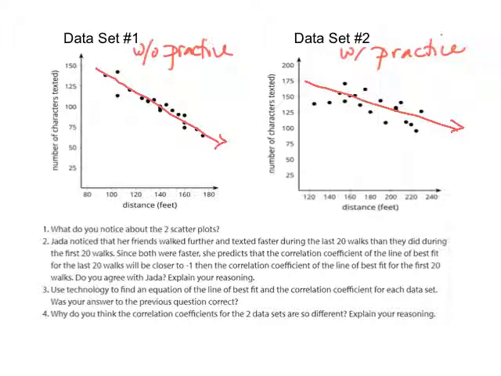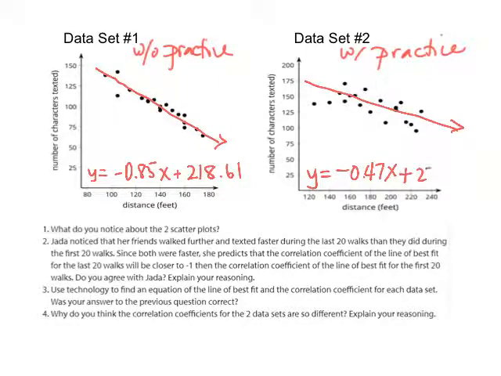I'll write down for you the two lines of best fit. So in the first model, we have y equals negative 0.85x, so you can see the negative slope, plus the y-intercept of 218.61. And in the second model, we also have a negative slope, negative 0.47x, so it's not quite as steep, and a y-intercept of 222.17.